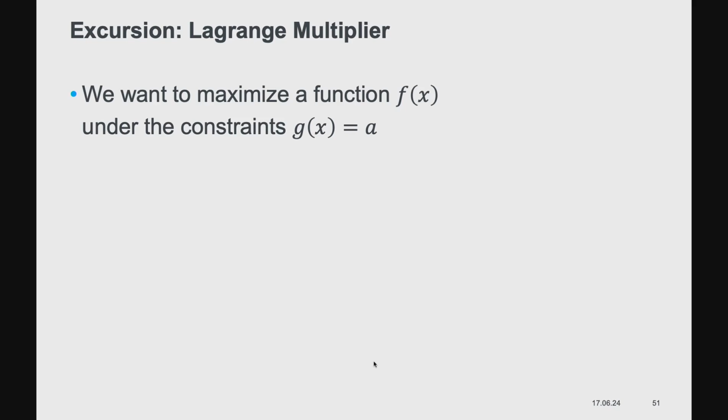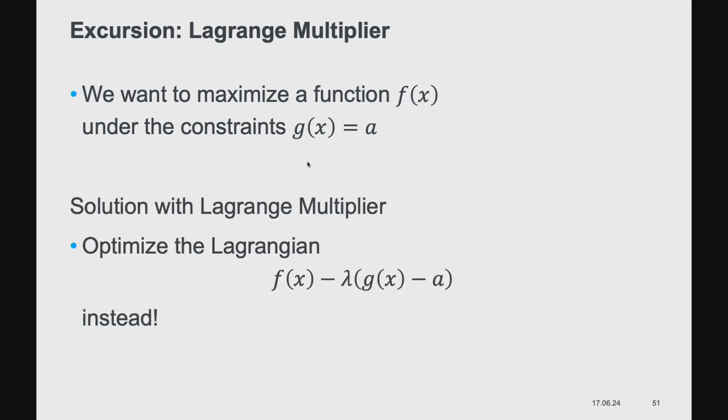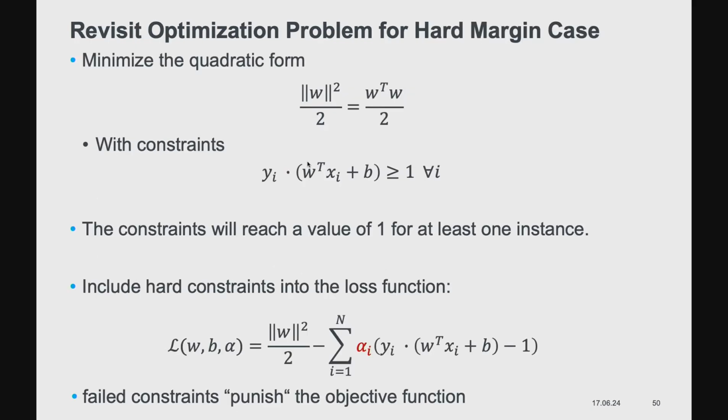And so we want to maximize this function now under the constraint that this g of x is a. So here we have a kind of punishment.